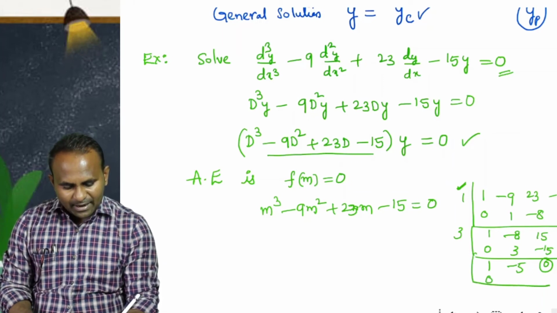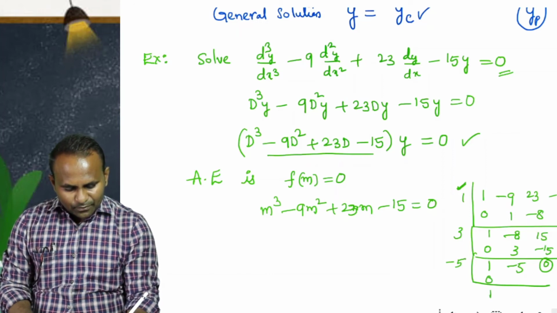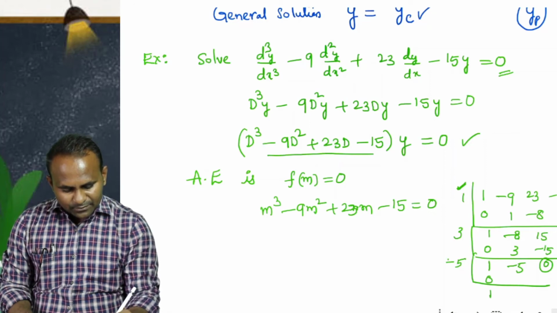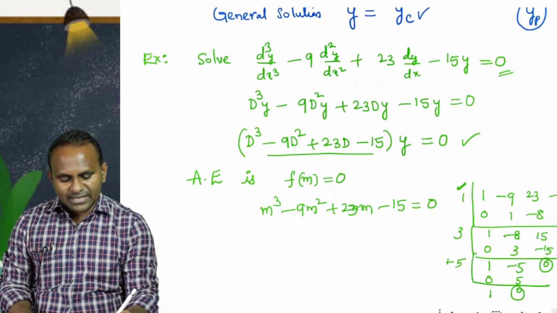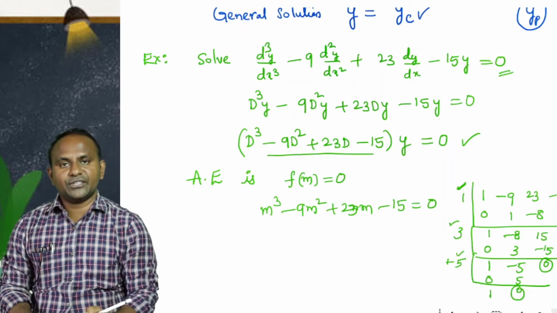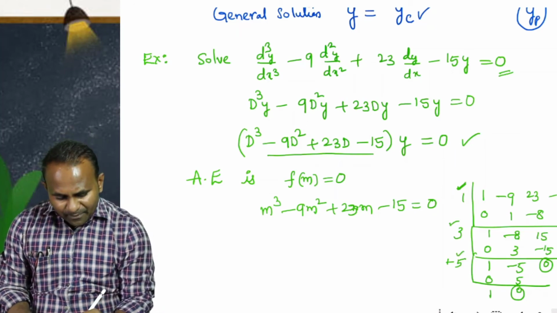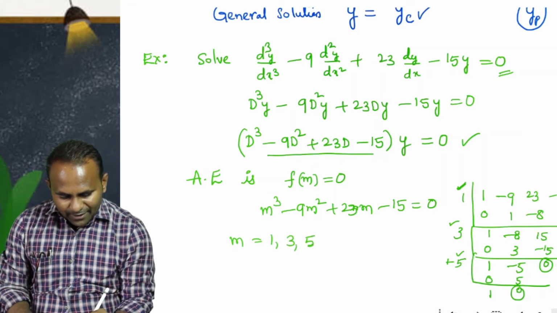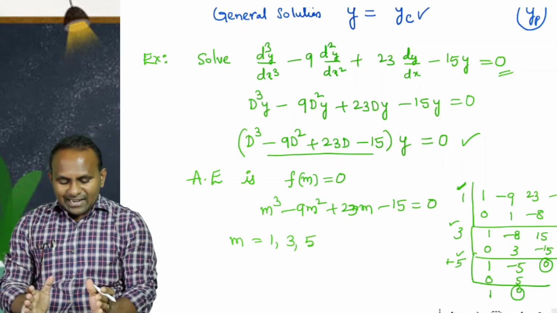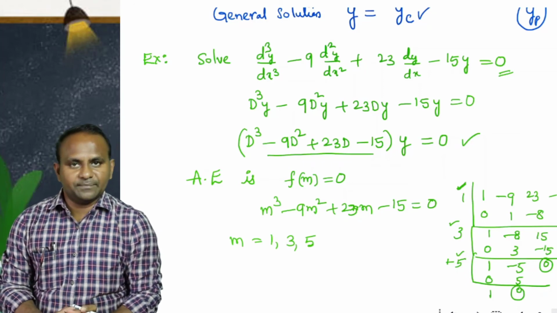Obviously, it will be 5 as a root, because it is 1 into minus 5, sorry, 5 will be a root. So these 3 are the roots of this auxiliary equation. The values of m I have obtained are 1, 3, 5. So real and distinct roots have come.